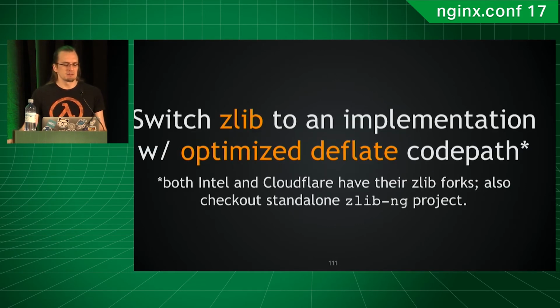So for web-specific stuff, if you notice, and again, only if you notice, that NGINX or any other web server spends lots of time in compression or deflate symbols. If you run perf top and you see deflate there, then maybe it is time to switch to a more optimized zlib version. For example, Intel and Cloudflare both have zlib forks.